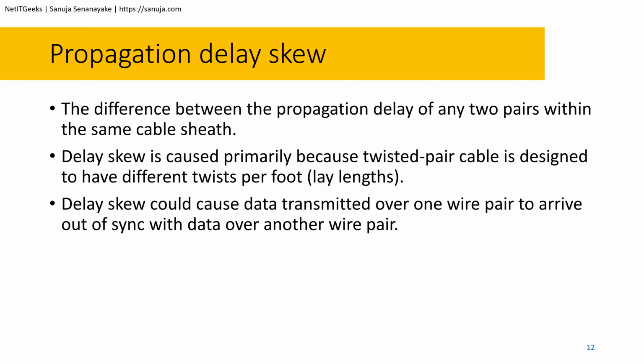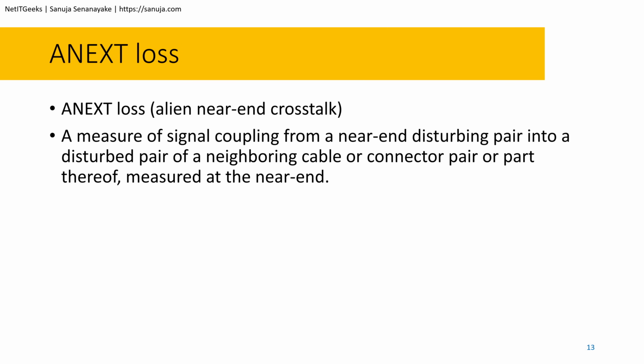And again, you need to understand what they are for your exams so that you can at least get a good grade, right? So the next one we're going to look at is the ANEXT loss, also known as the alien near end crosstalk, which is a measure of signal coupling from a near end disturbing pair into the disturbed pair of a neighboring cable or connector pair or part thereof, measured at the near end.